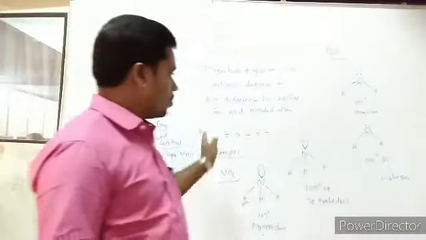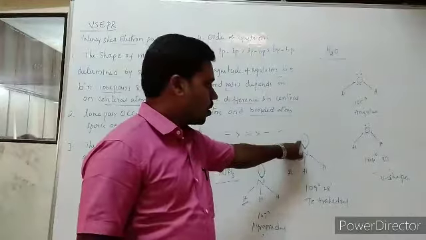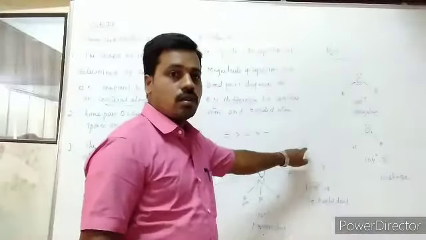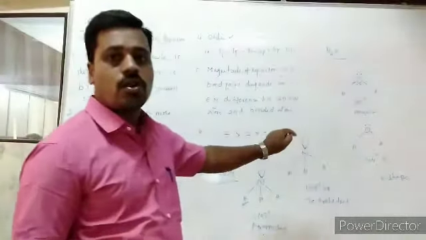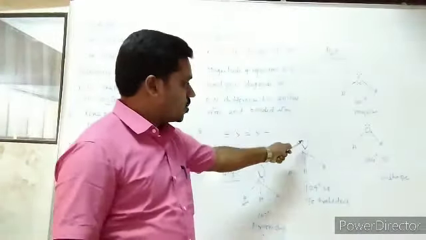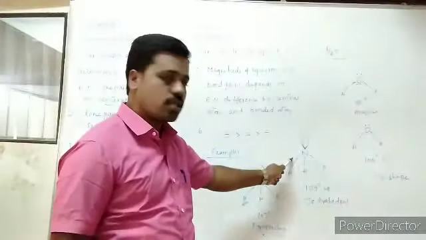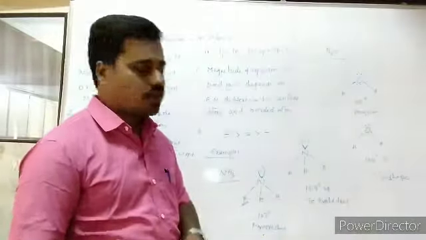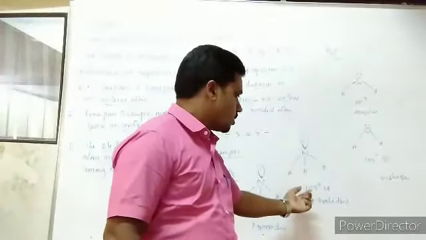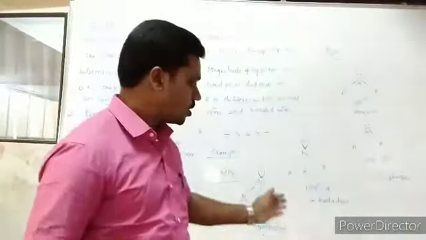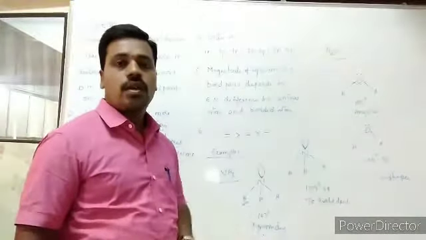But according to VSEPR theory, due to repulsions between lone pairs and bond pairs, the shape changes to tetrahedral and the bond angle is 109 degrees 28 minutes. The lone pairs are the electrons present in an orbital. This is the difference which can be explained using VSEPR theory.